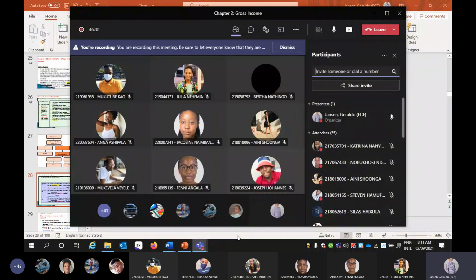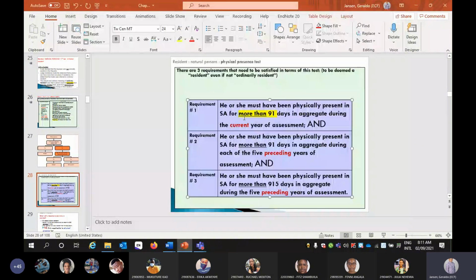If I give you 91 days, then requirement 1 is not met, because it says more than 91 days. I should give you 92 days. That is more than 91 days. If it is just 91, this requirement is not met, because it's not more than 91 days.